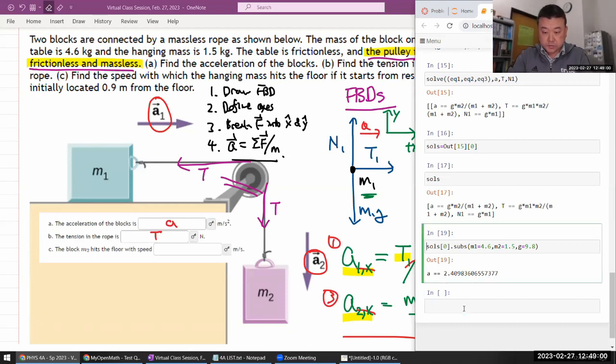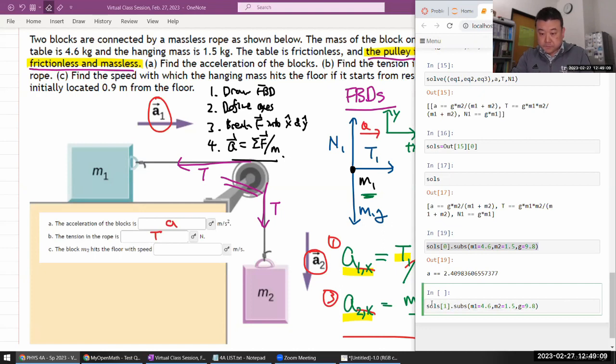Let me just copy and paste this. So this is the solution for tension. M2, okay.